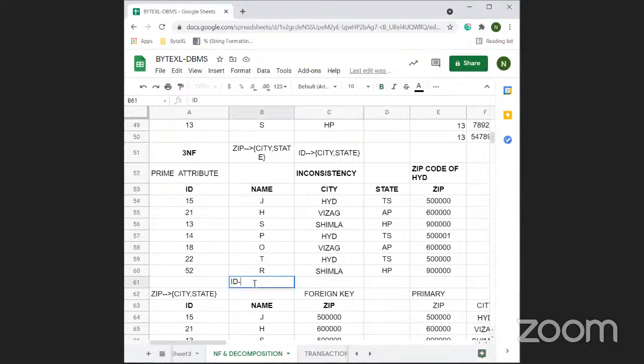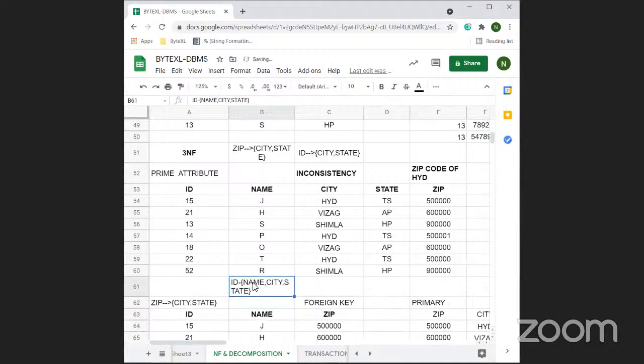So if I give you ID, you can give me name, city, state. This combination, we can find it. Same way, if I give you a combination of these three things, name of a person, state of a person, city of a person, then you can give me ID of a person as well.